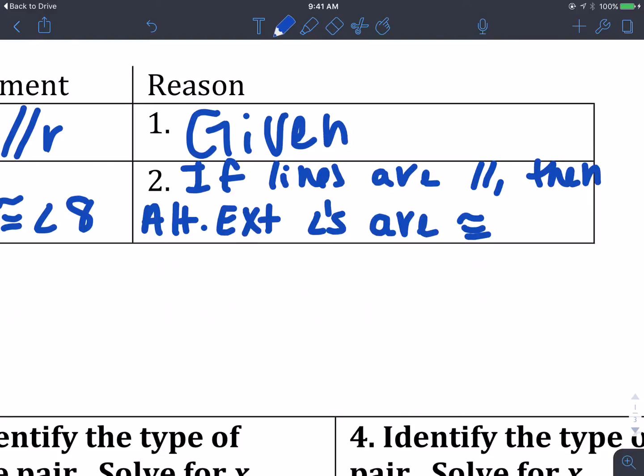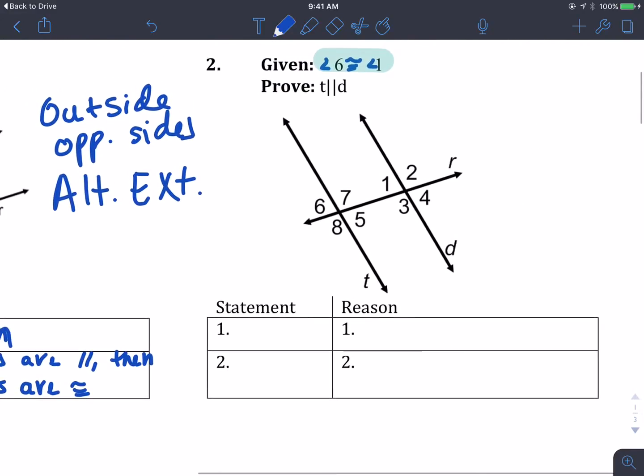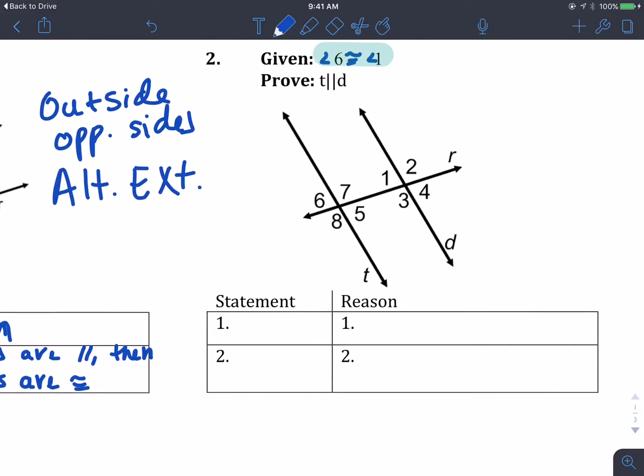The second one is very similar, except now I start with the angles. So right from the beginning, I know this angle and this angle are congruent. So angle 6 is congruent to angle 1. That is my given.